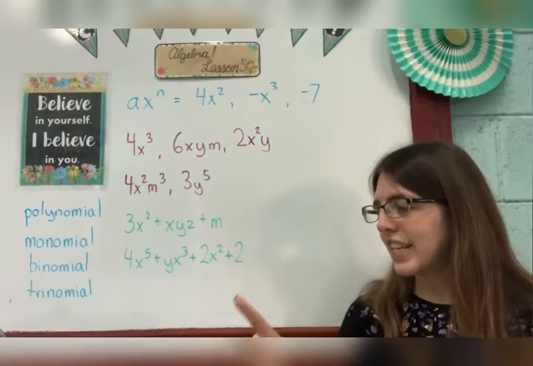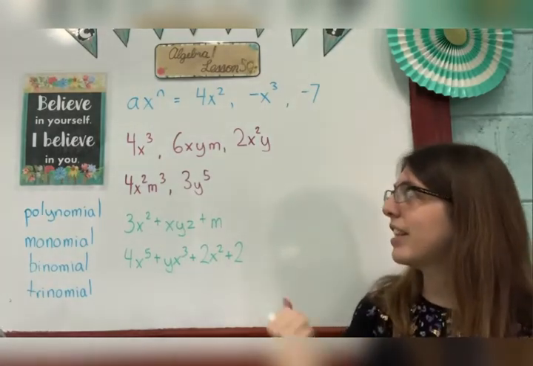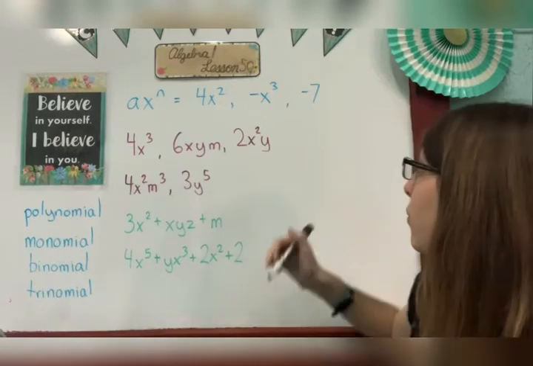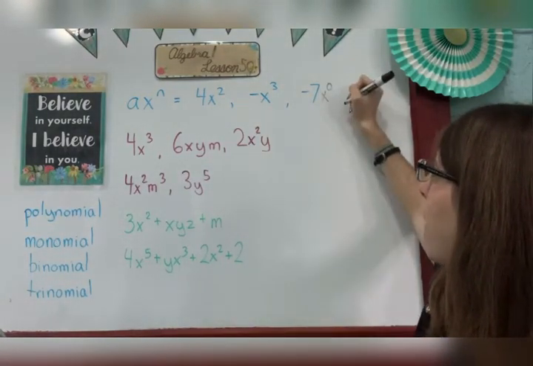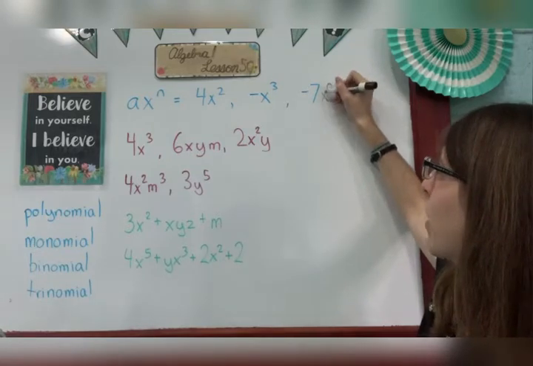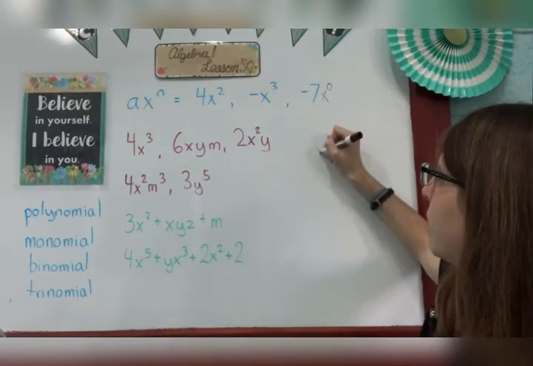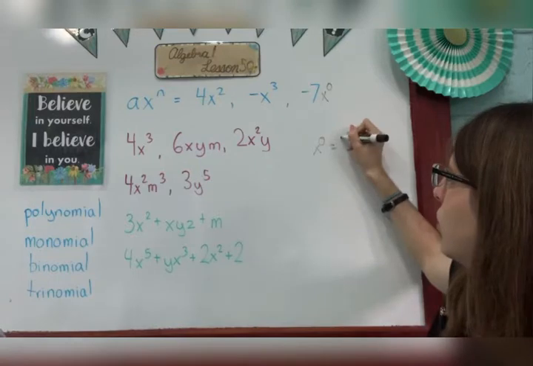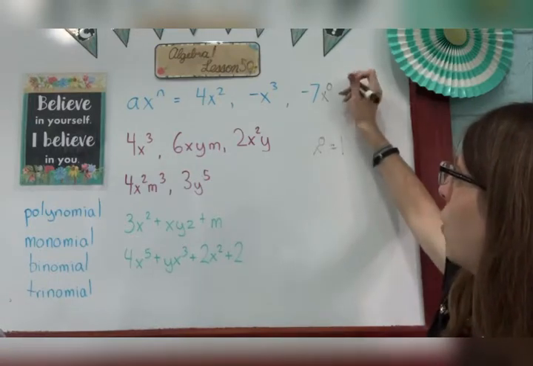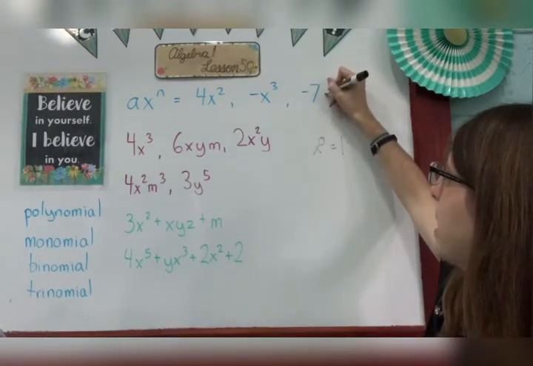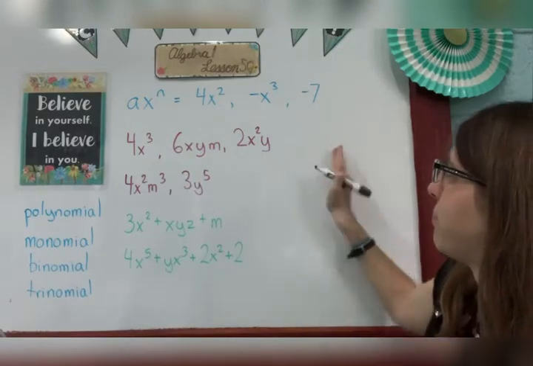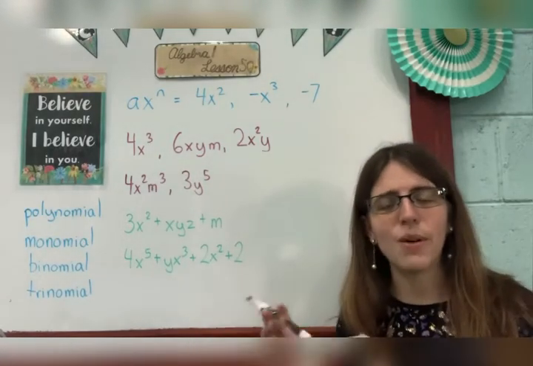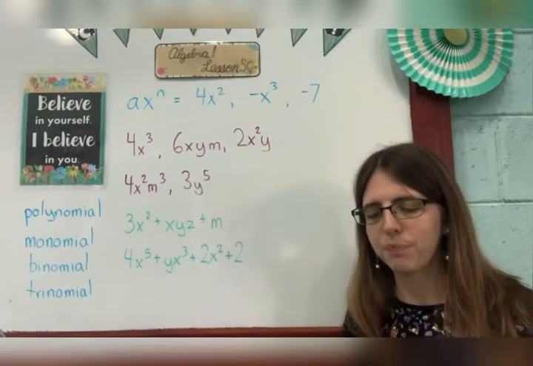Well, it does. But you could look at it this way, that the variable for negative 7 could be x to the 0 power, because anything raised to the 0 power is equal to 1. So x to the 0 power would be negative 7 times 1, which equals negative 7. So that's why it would still count as a polynomial.